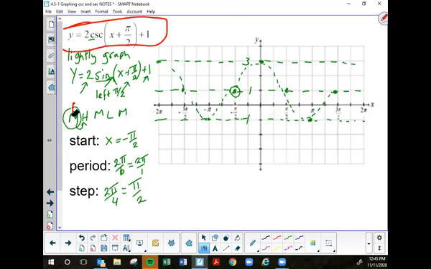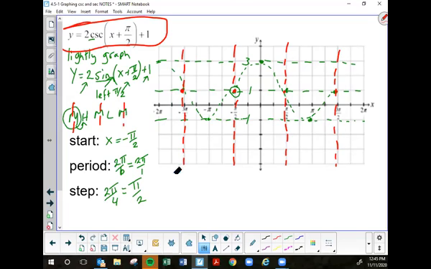Remember, through every mid value, put an asymptote. So identify them all. There's one there, there's one there. That's our start one. That's our really important one. Put an asymptote through every time the sine crossed its midline. Here and here. Label them all.